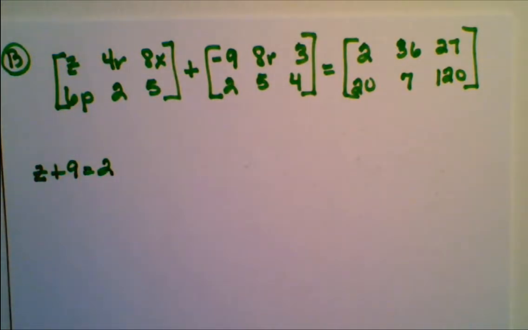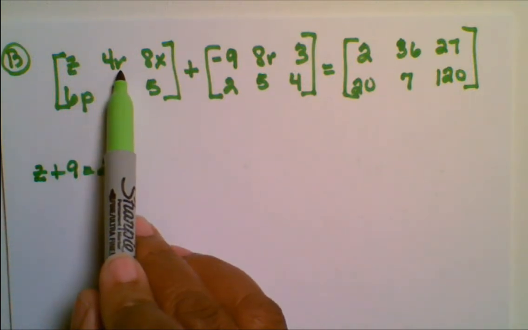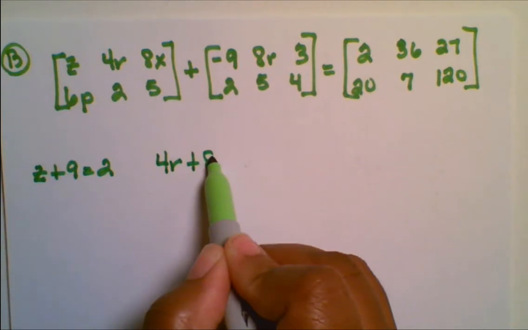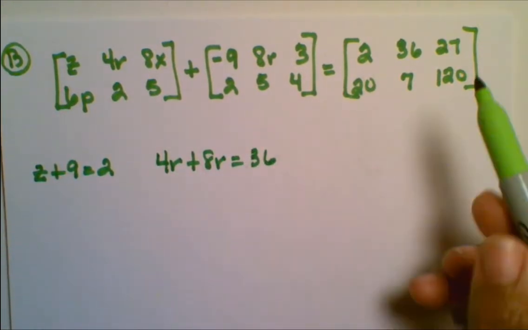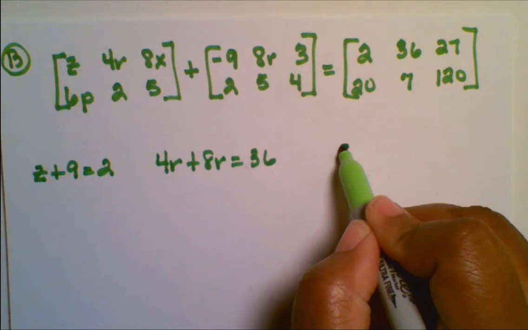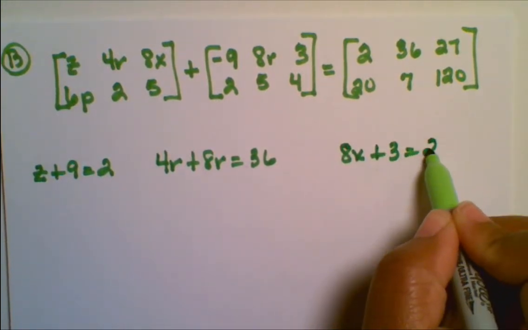And then we'll solve those, but let's go ahead and set up everything else. First row, second column, we have 4R plus 8R is equal to 36. First row, third column, we have 8X plus 3 is equal to 27.